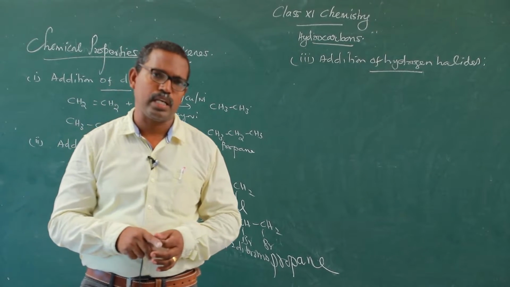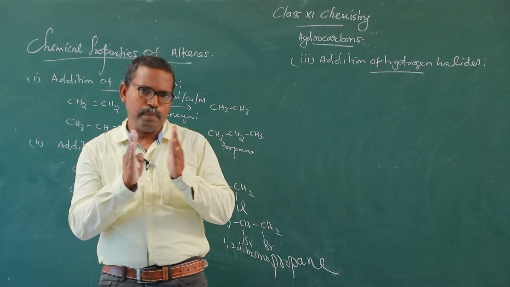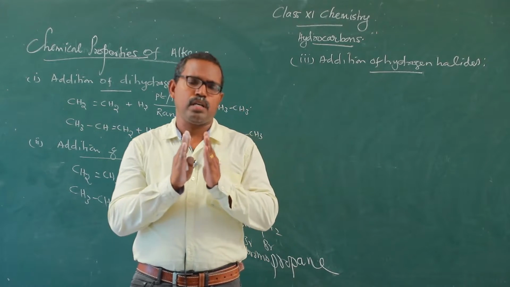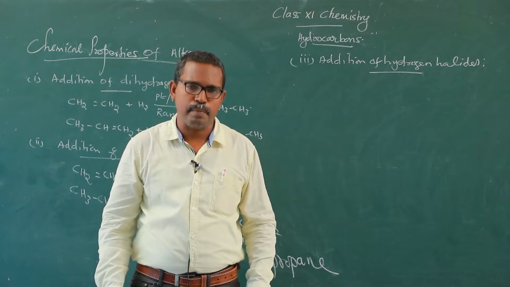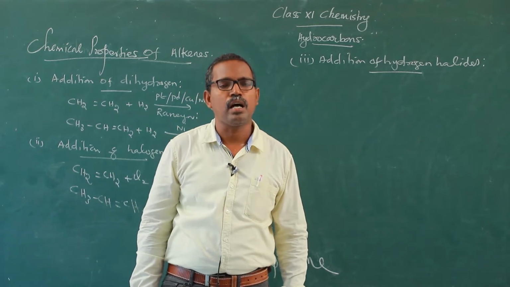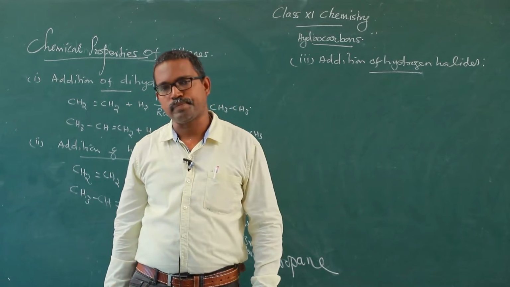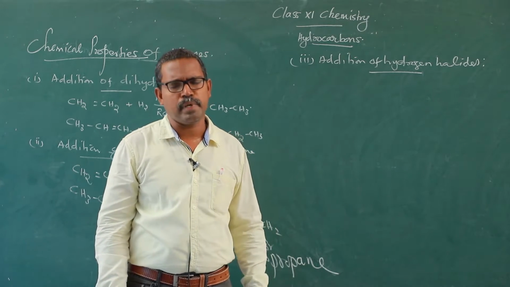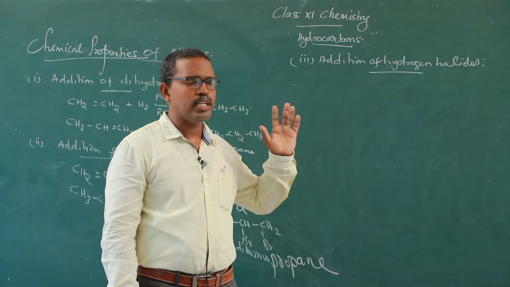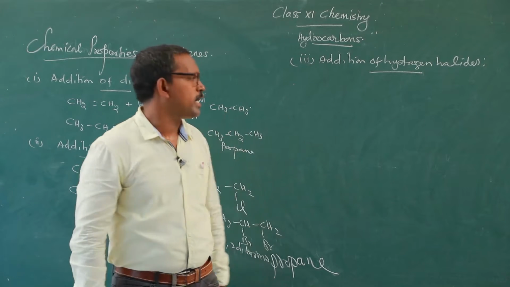What are symmetrical alkenes? If the same number of carbon atoms is present on either side of the carbon-carbon double bond, it is a symmetrical alkene. In symmetrical alkenes, simple addition of hydrogen halides easily takes place.